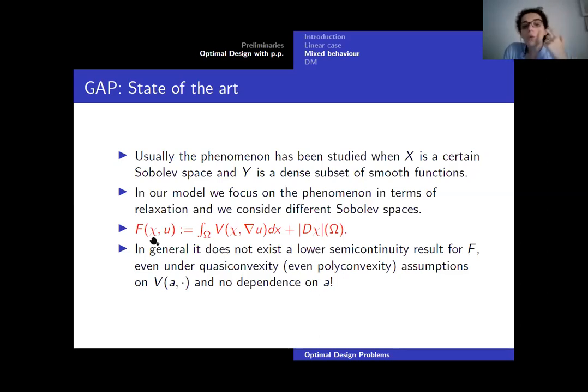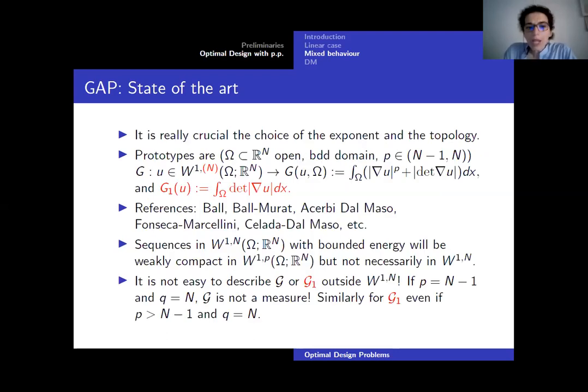Namely, we cannot even easily say that our functional F, the way it's written, is always lower semi-continuous. So the question of understanding the integral representation of F in the entire space, using the entire set of sequences in X, and then its relaxation starting with sequences in Y, is still open. So there are more problems about that.